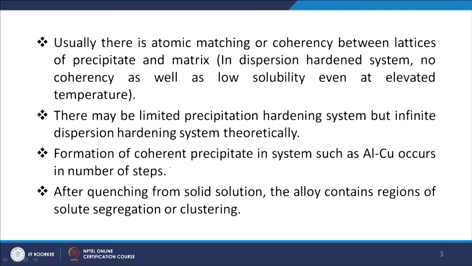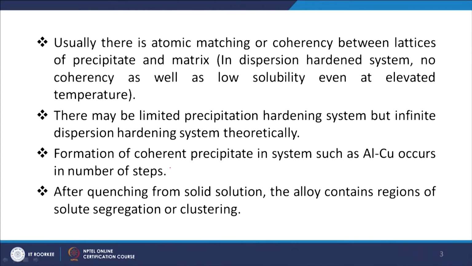And as we discussed, in a dispersion hardening system there will be very low solubility even at higher temperature. You basically have powders of different materials, and then you fuse them together by applying pressure and so on. They are distinct phases, and you get the required properties through the processing.